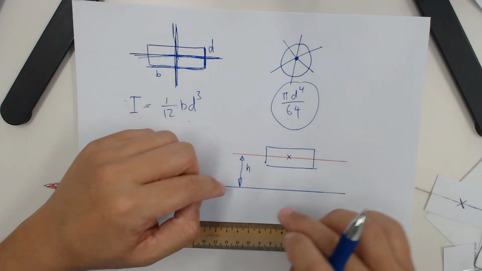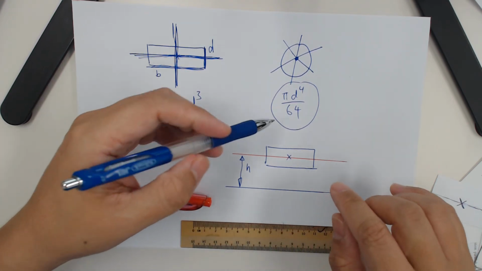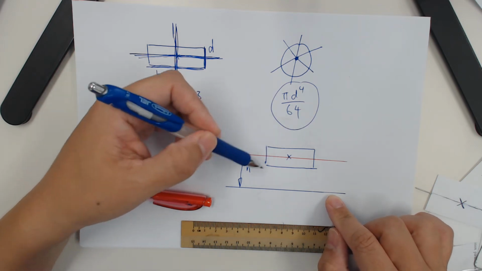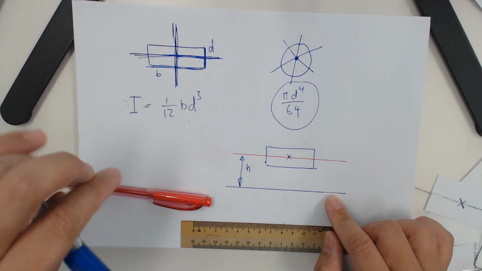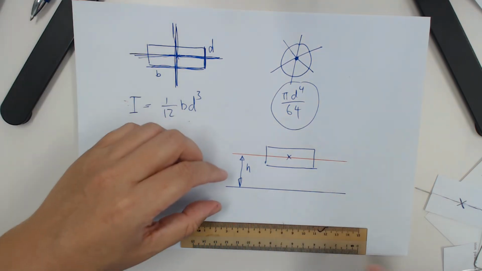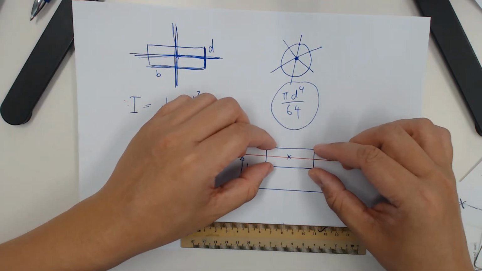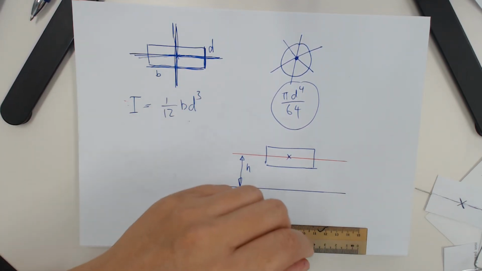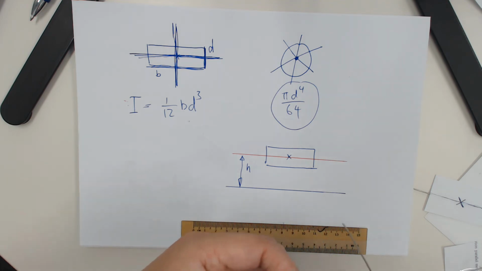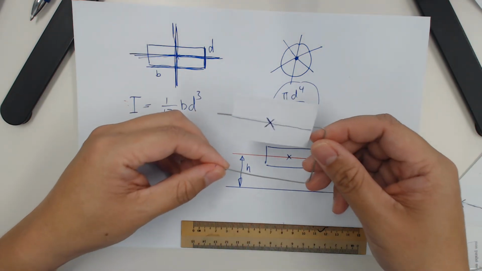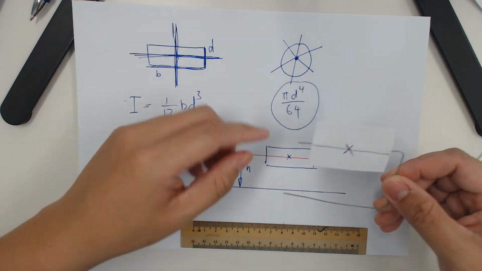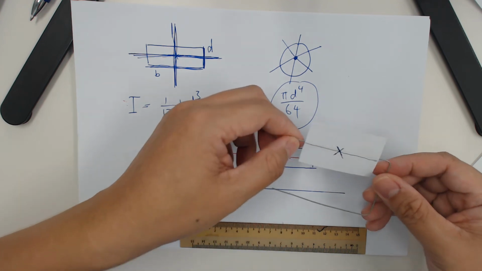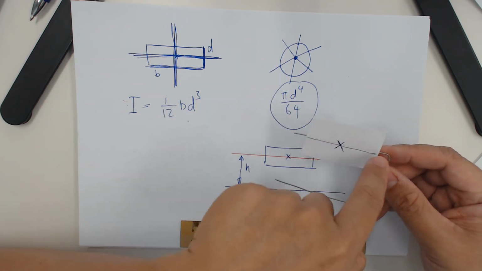The distance away from the main axis of the individual centroid, this is the H value, and what this rectangle is supposed to do is to rotate not about here but about here. So, a simple illustration. I have another rectangle with me. Imagine this rectangle, the centroid is here, and its own individual centroid axis is here.